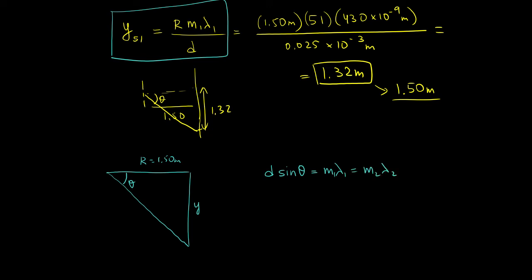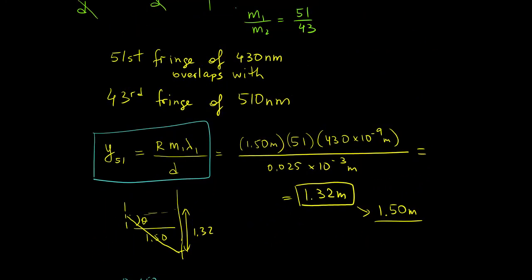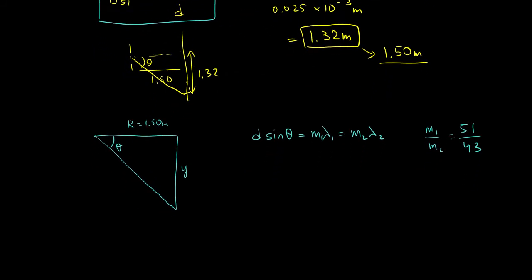From here our relationship is still valid, m1 over m2 equals 51 over 43. So that is valid.